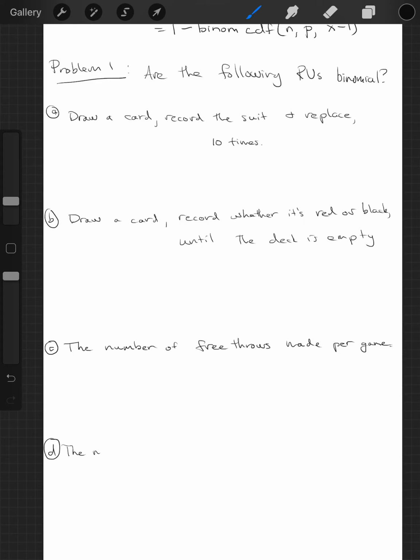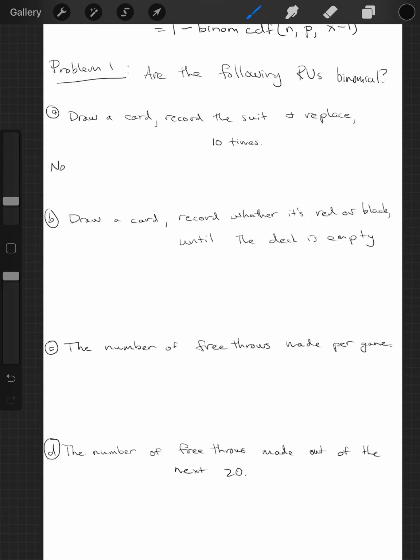And lastly, D is going to be the number of free throws made out of the next 20, so it can be appropriately predictive.